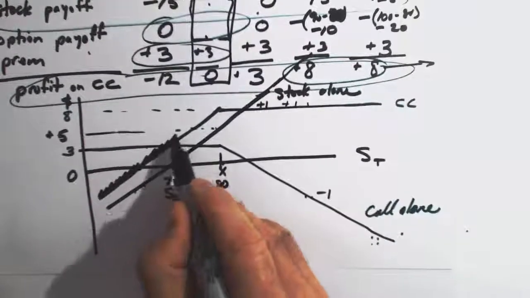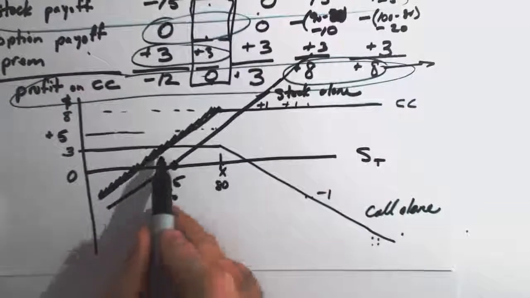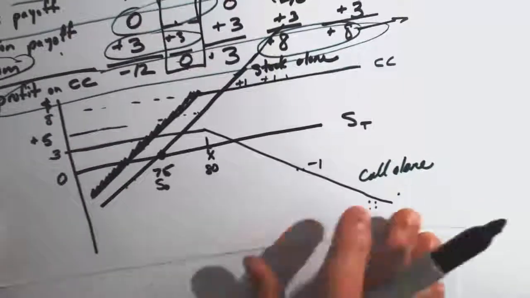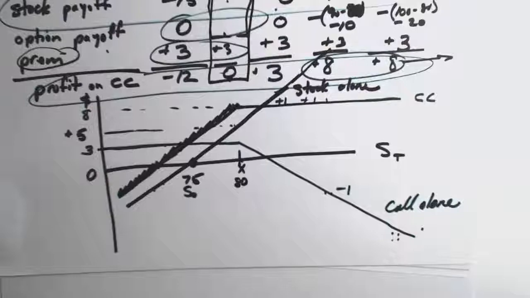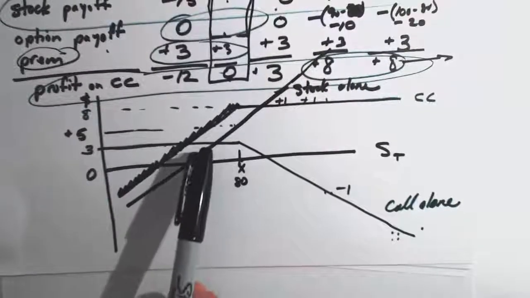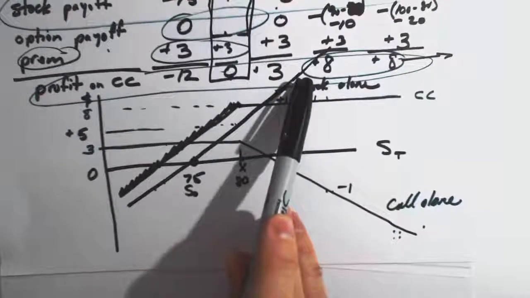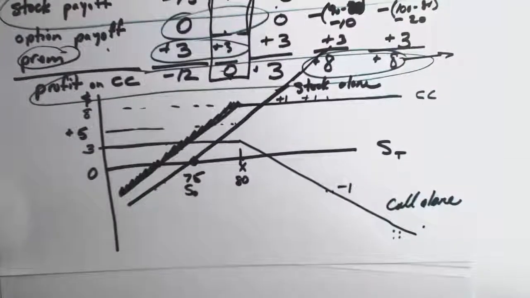We don't lose as much money, or we make even more by a constant $3 all the way. And that's the premium from the option itself. Okay? So now, there you have it. What happens is you trade off the upside potential of the stock for the cash flow right now and the risk reduction of a bit on the downside.